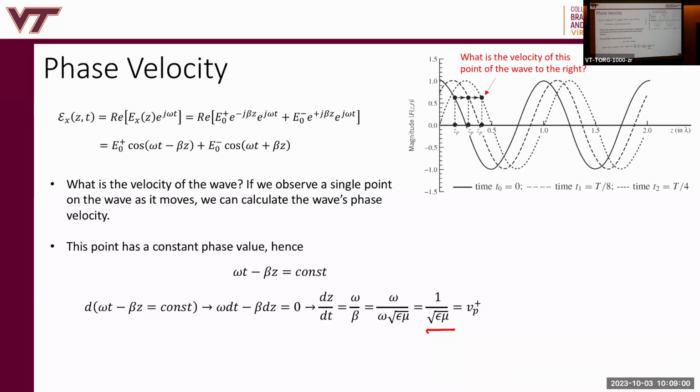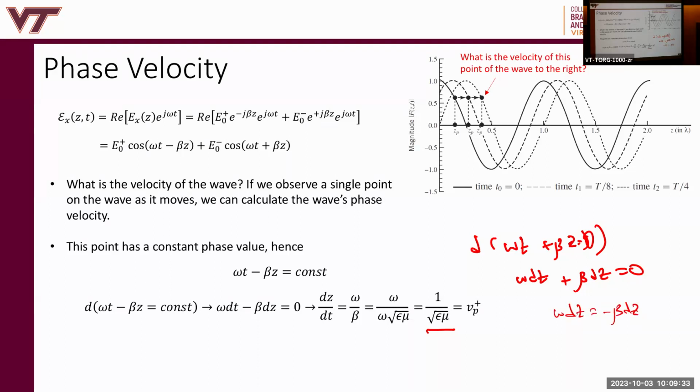That was just the velocity for the forward part of the wave, because there are 2 parts. For the other one, you'll get the same expression, but probably with a minus sign. We can do that really quick. The other one is omega t plus beta z. You take the derivative of all this equals 0, then you get omega dt plus beta dz equals 0. Then omega dt equals negative beta dz.